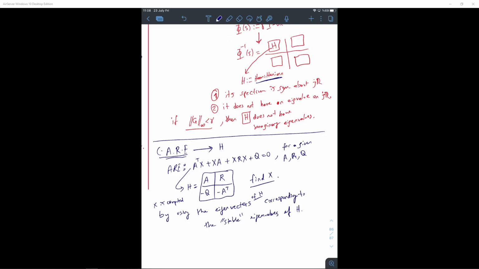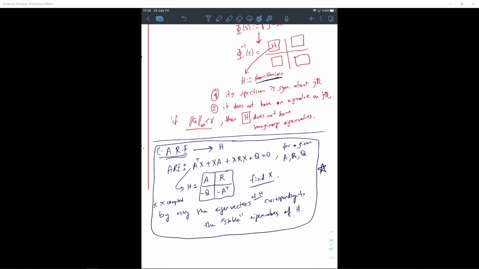Again, I am considering making a standalone algebraic Riccati equation YouTube video, so I'm not going to say much more about this. We only keep this blue part in mind.